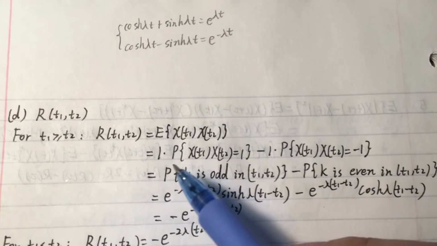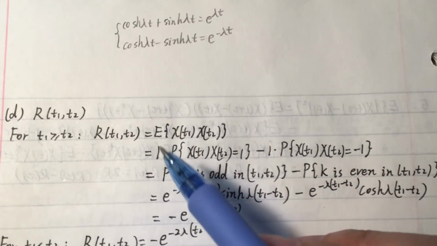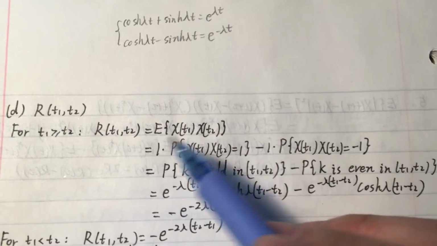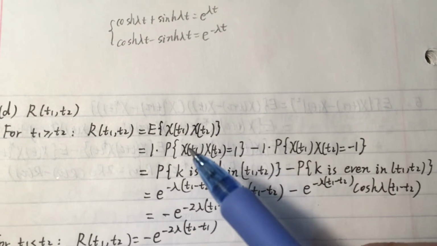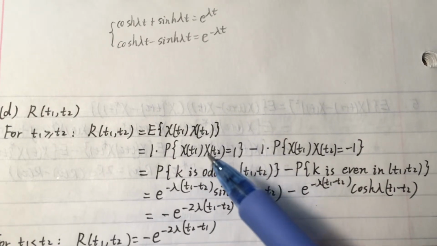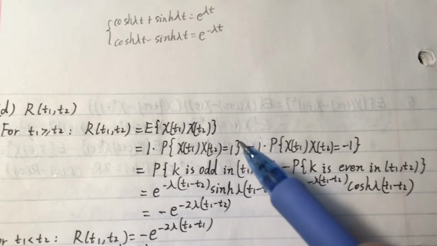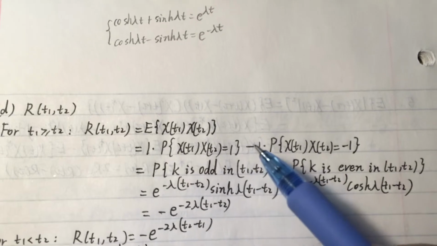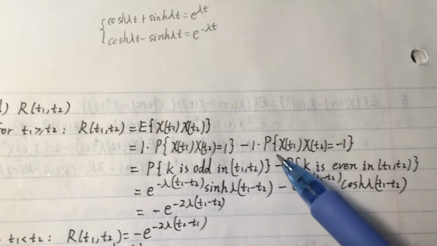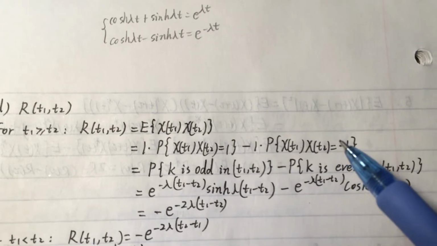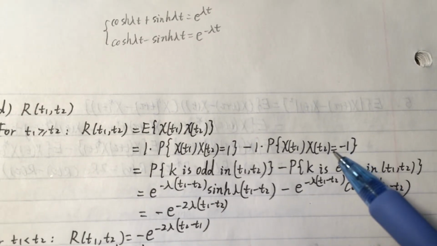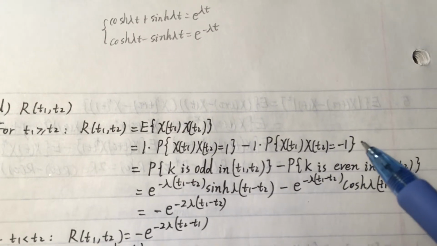And we can note that this equals 1 times the probability of xt1 times xt2 equals 1, plus minus 1 times the probability of xt1 times xt2 equals minus 1.